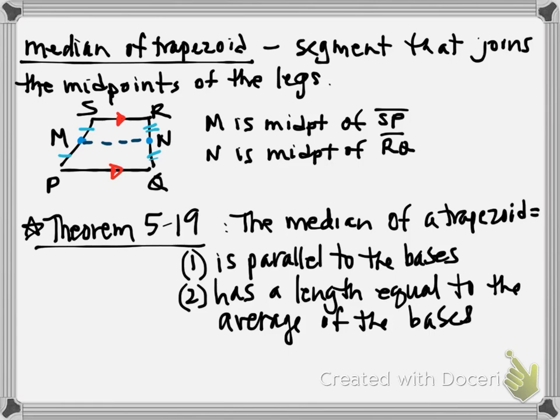If you think about it, you could create two triangles and figure out their areas and add it together. However, they share this piece.